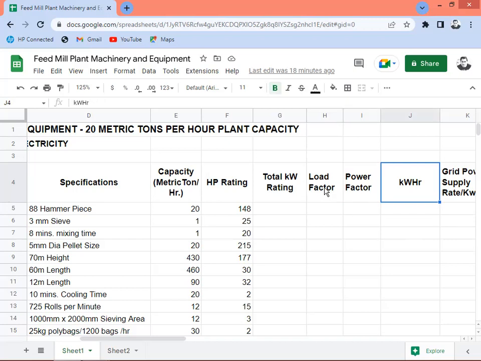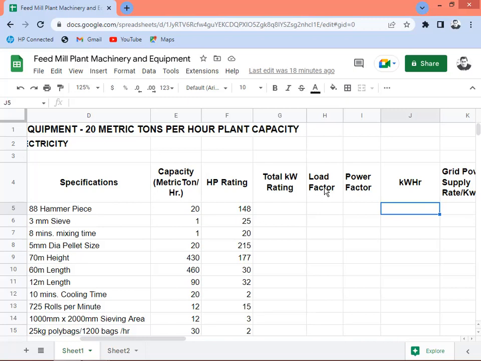Then the kilowatt hour. This is based on the period of time that we're going to utilize the equipment. For example, if you're going to utilize the equipment for 8 hours of operation, then the total kilowatt rating multiplied by the number of hours would be our kilowatt hour.